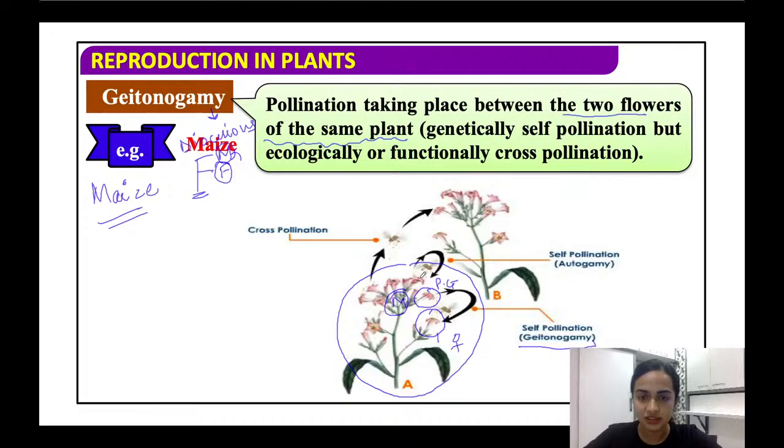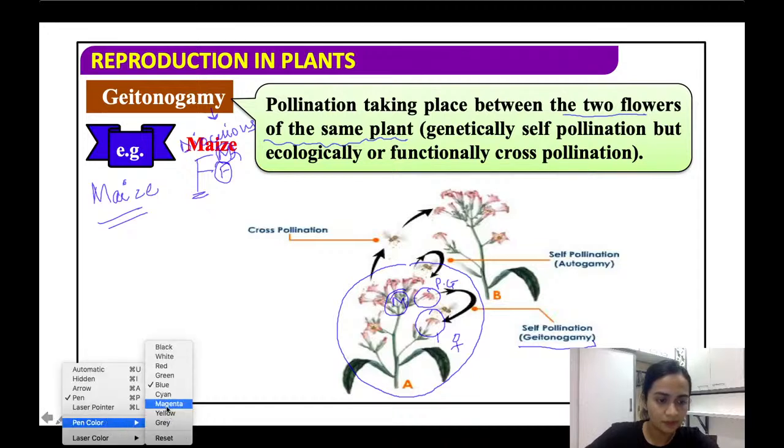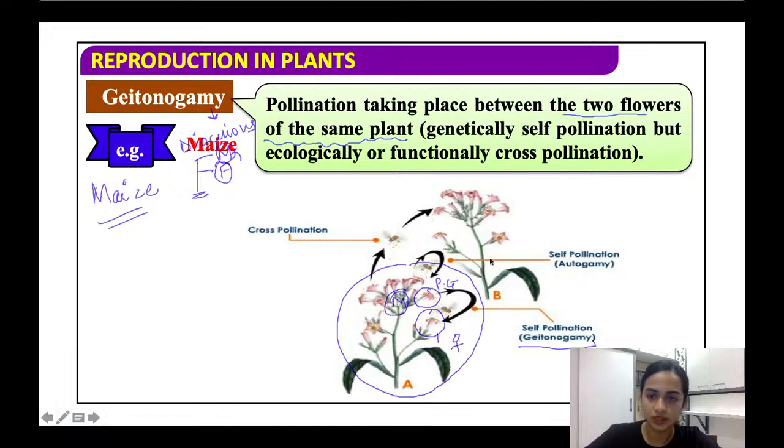Now here it is shown, let me change the color so that it is more clear. In self-pollination, it is in the same flower again. One single flower, when pollen moves from anther to stigma, is self-pollination.